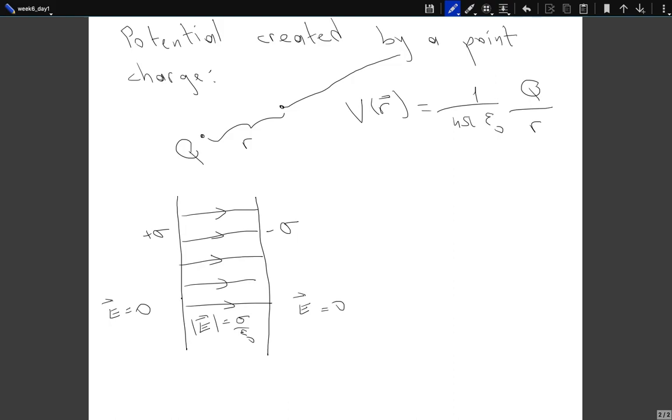Now let me pick up a couple of points. Point A, point B, point C, and point D. Which one has the largest potential? Why? Okay, who thinks that A and B have the largest potential? Just take a moment. How would you order the potentials of these points?